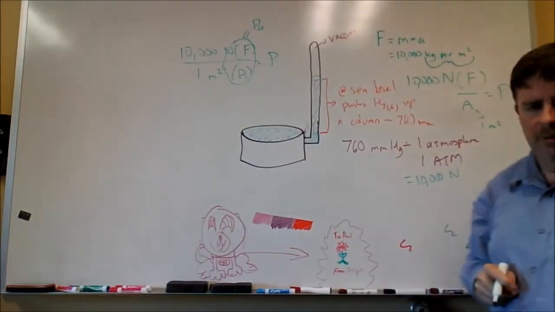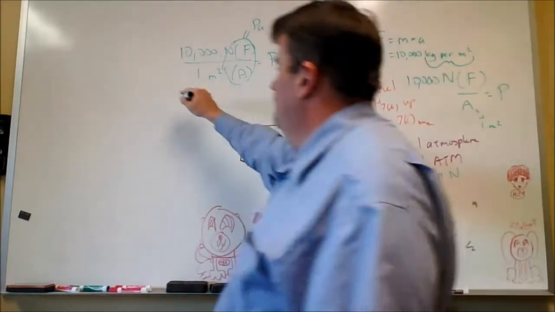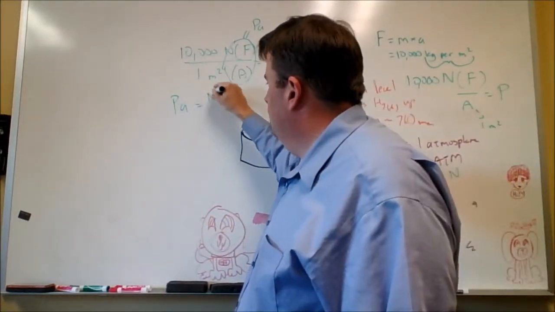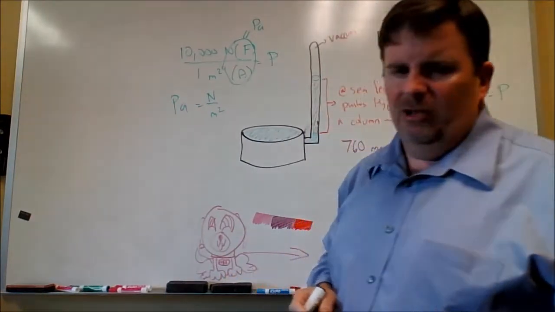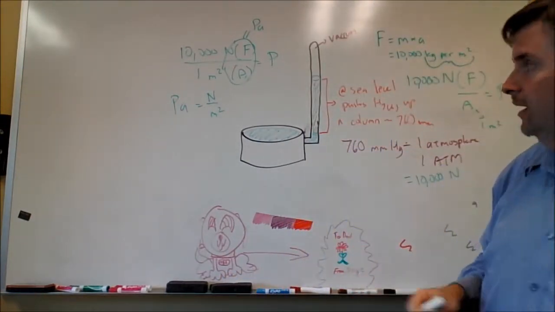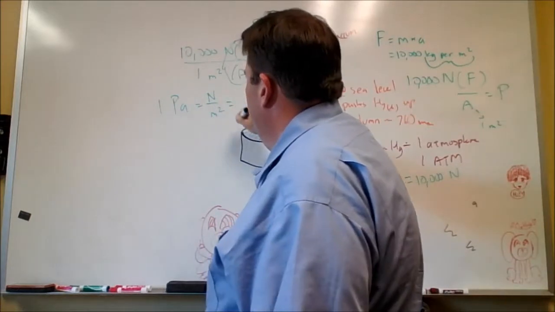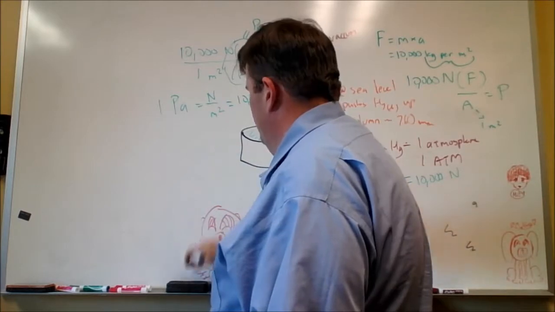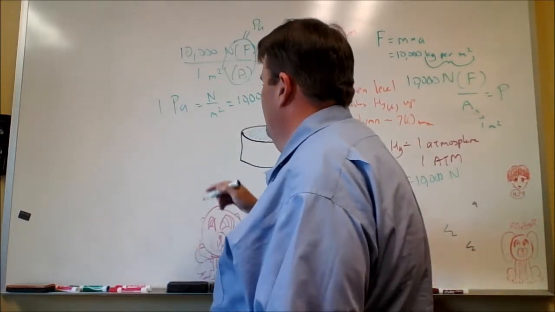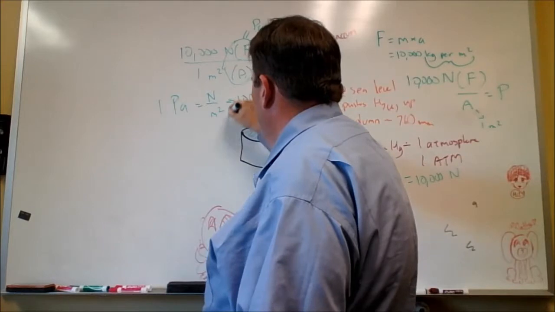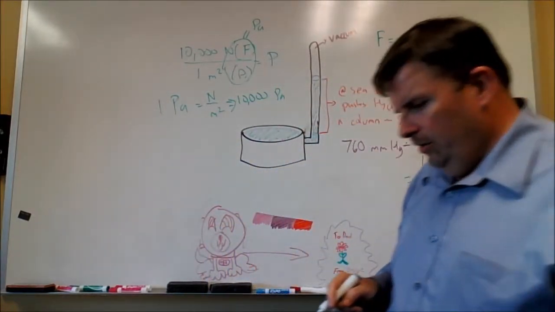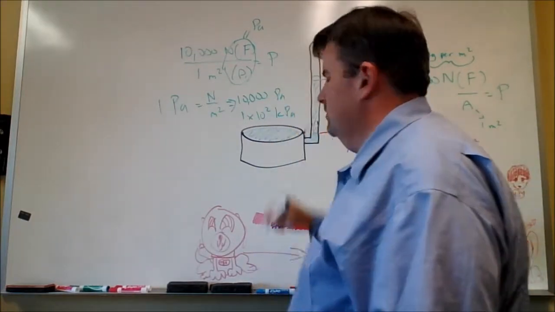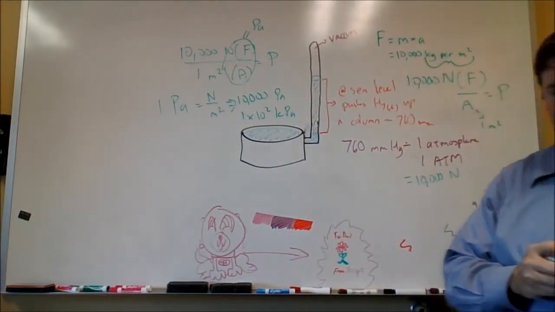And a Pascal, if you can figure this out, is going to be newtons over meter squared. So that's pascals when we're talking about force. And one atmosphere, all the pascals that we have in the atmosphere, is going to be about 10,000 pascals, or 1 times 10 to the second kilopascal. Okay? And that's what we talk about as far as pressure goes.